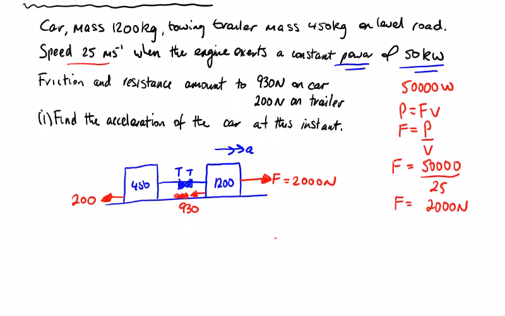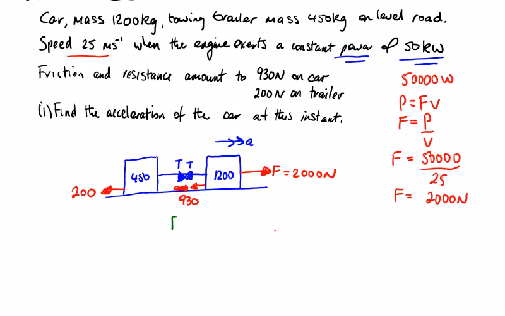So if we create our equations, F is equal to ma. So let's start with the car. It's going in this direction, so we're starting with our 2,000 newtons. And we're taking away what's going back, which is the tension in this rope or the string, and the 930. They're my forces, there's nothing else going on, and that's equal to mass 1200 times acceleration.